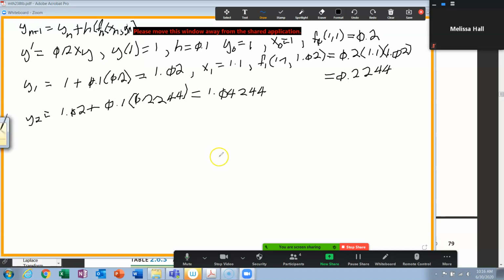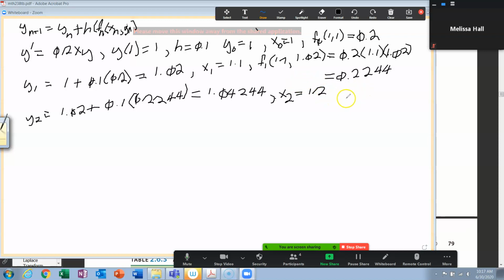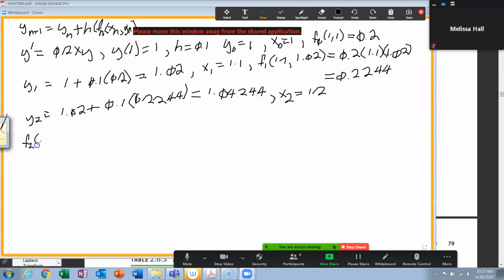Since we've got that, let's figure out what our x sub 2 is. Since we got y sub 2, x sub 2 would then be 1.2. And then we're going to have to calculate our f sub 2, evaluated at x sub 2, y sub 2.